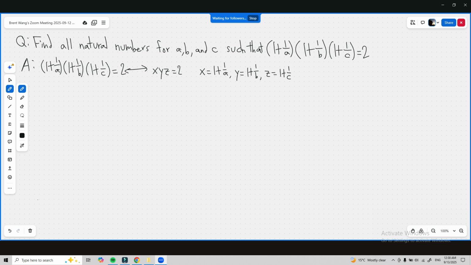So first of all, I want you to notice two things. Number one, this equation is symmetric. This means that it doesn't matter if I swap the values of A, B, and C, you're still going to get the same value.